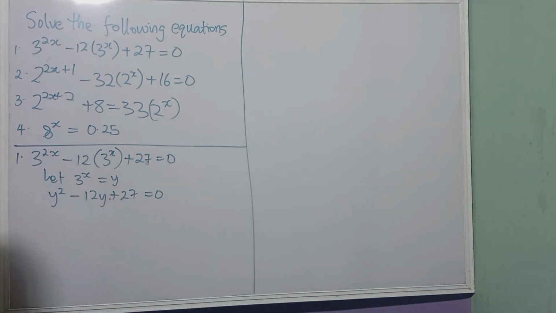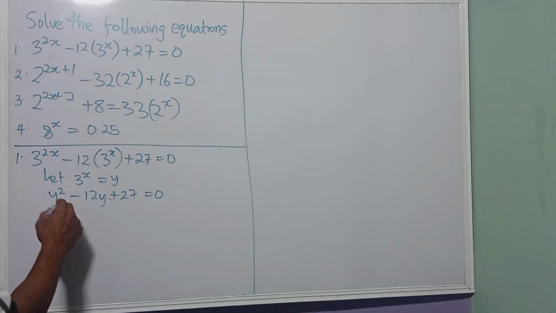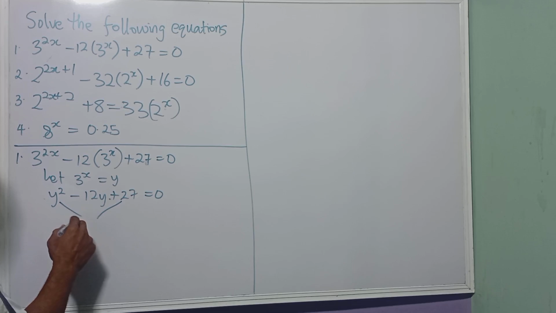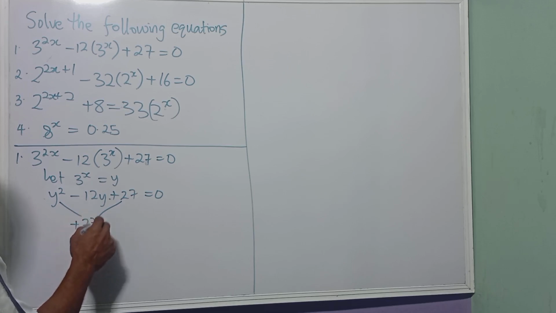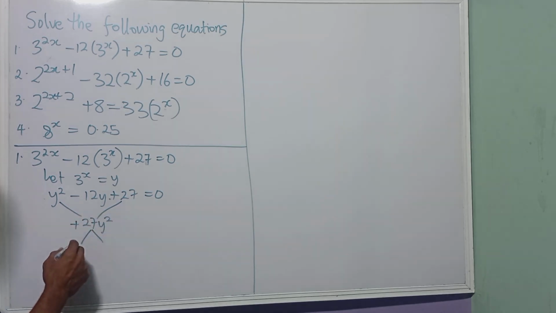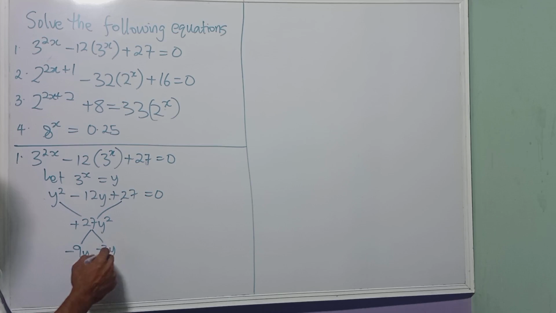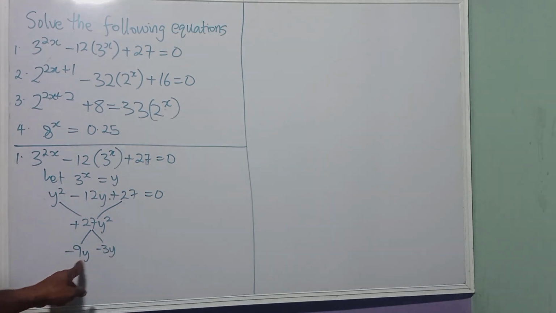Okay, so we can now factorize this out. Factorizing this out, we have plus 27 y squared. Our factors will be minus 9y and minus 3y. Minus 9 times minus 3 gives us plus 27. Minus 9 minus 3 gives us minus 12.